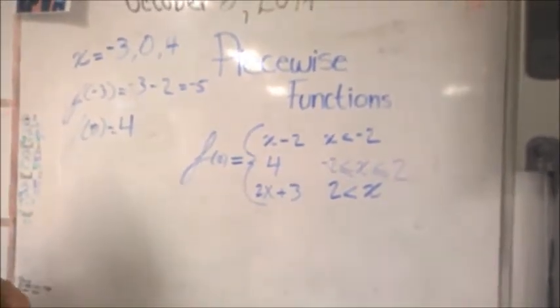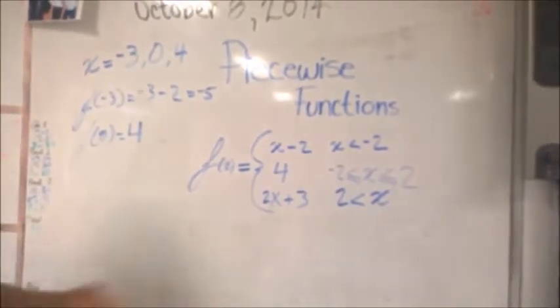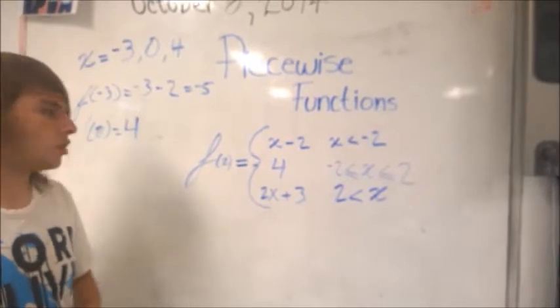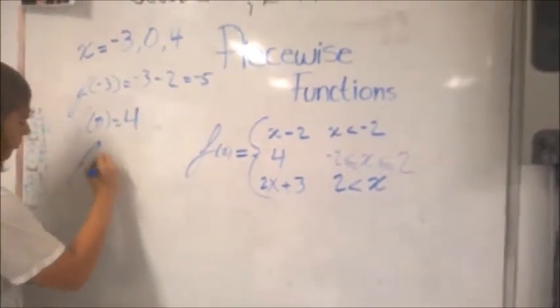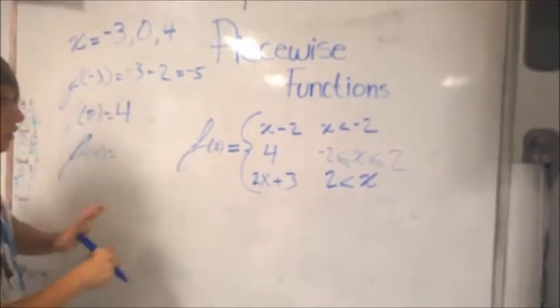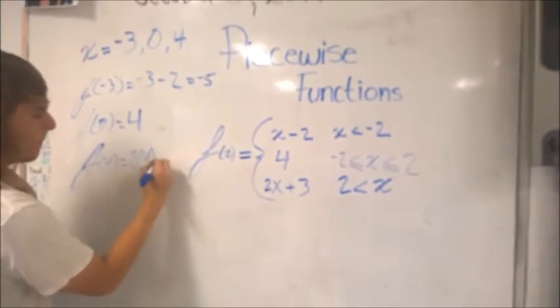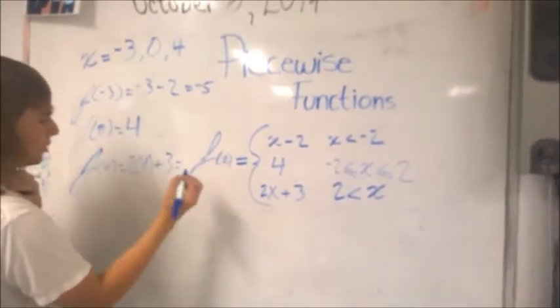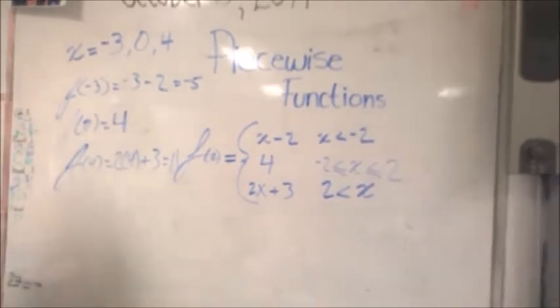And our last value of x is going to be 4, and that meets the demand of being larger than 2. So we're going to use the final equation. So f of 4 is going to equal, and that equals 11.